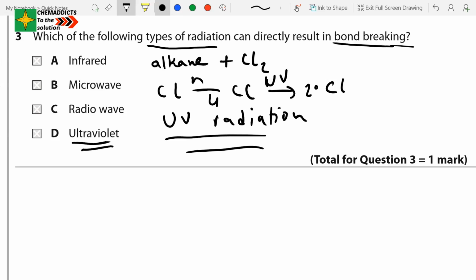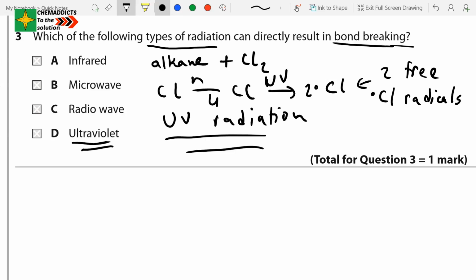UV radiation is breaking the bond over here to form two free chlorine radicals, Cl radicals. Here the chlorine becomes a radical. Two free chlorine radicals are formed by the breaking of the bond with the help of ultraviolet radiation.